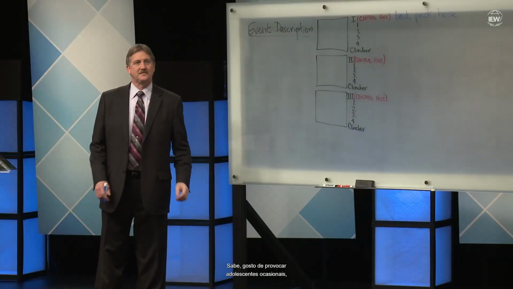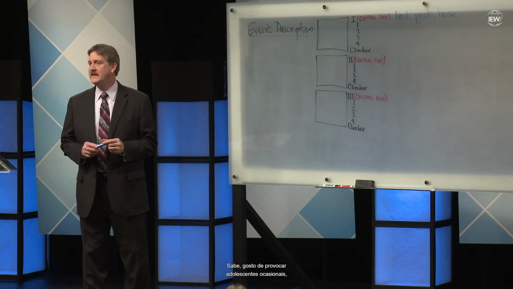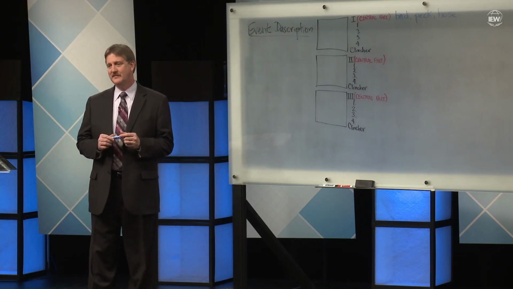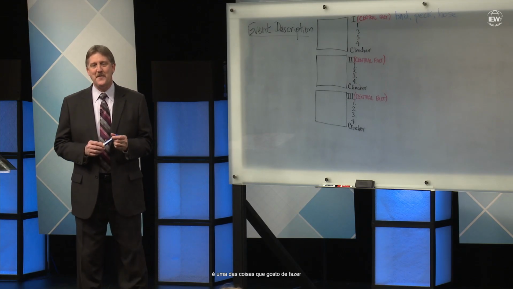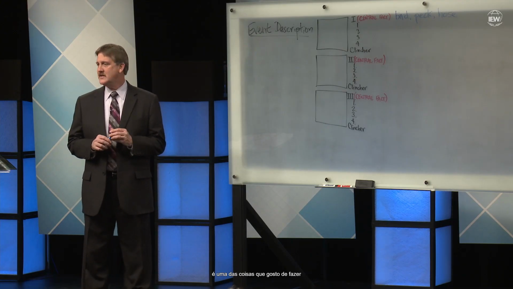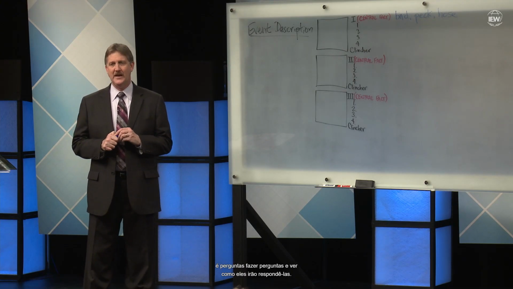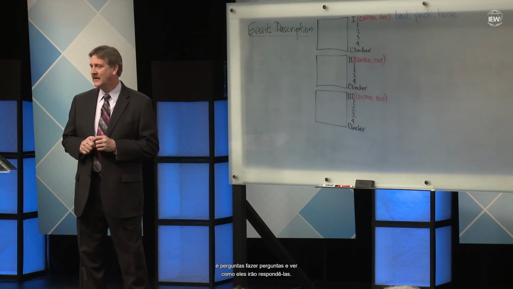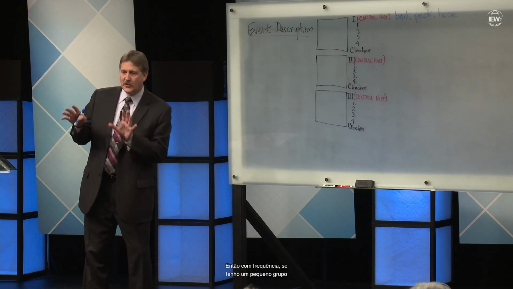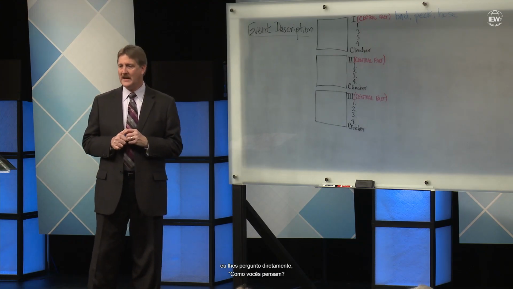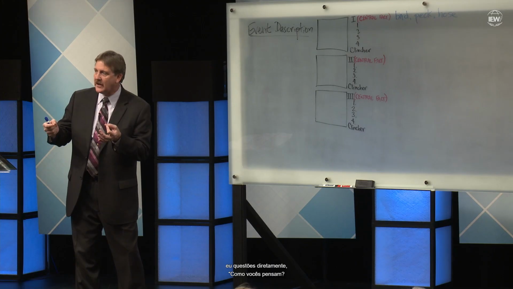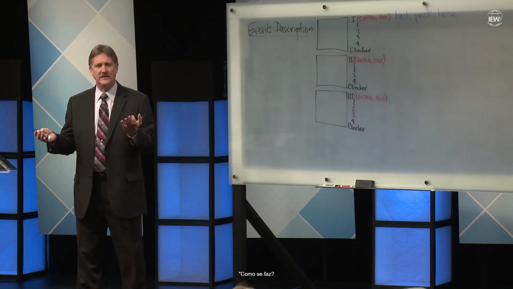You know, I like to tease teenagers occasionally, actually frequently. And one of the things I like to do is ask them questions and see how they answer the question. So very often, if I have a little group for the high school essay class or whatever, I'll ask them point blank, how do you think? How is it done?